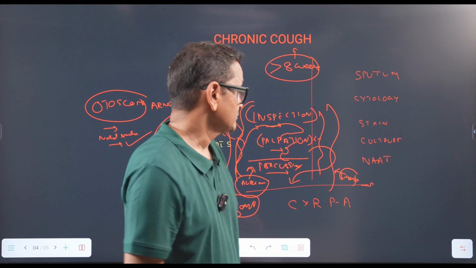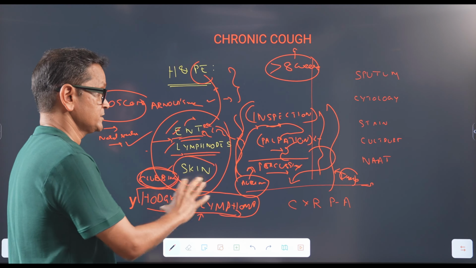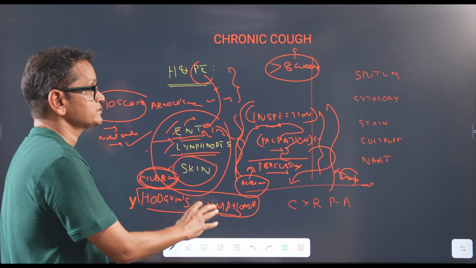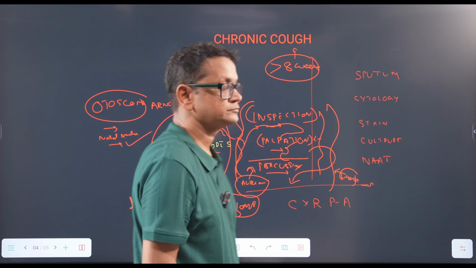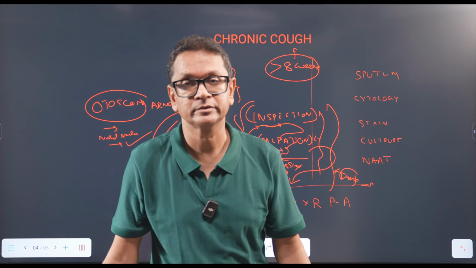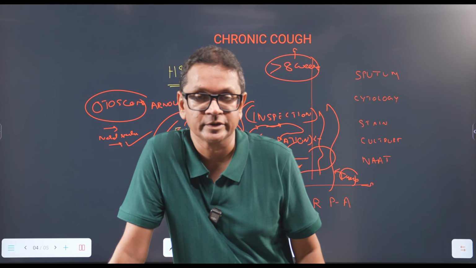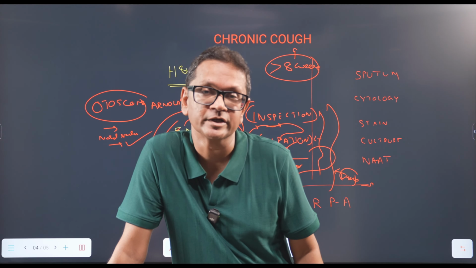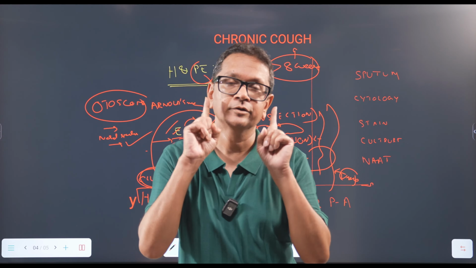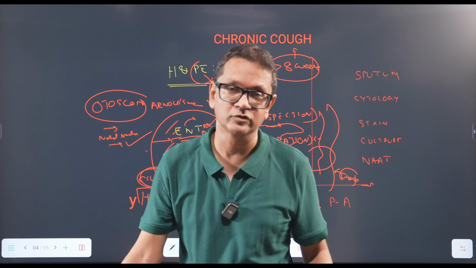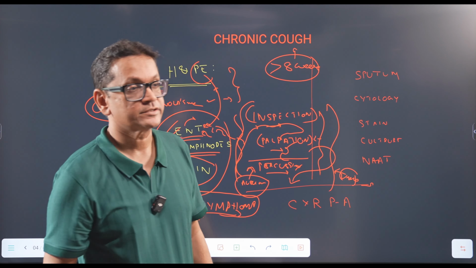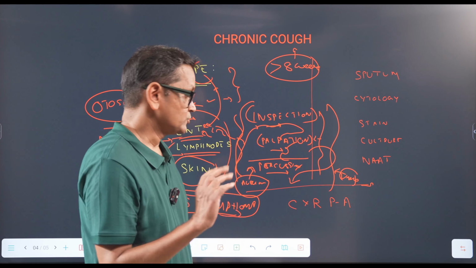Another thing we have to see as far as skin examination is concerned. Any other diseases related to chronic cough, not only sarcoidosis. Other autoimmune diseases like systemic lupus erythematosus. There you can see a lot of skin lesions like butterfly rash. Dermatomyositis, with heliotrope rash. It's okay.